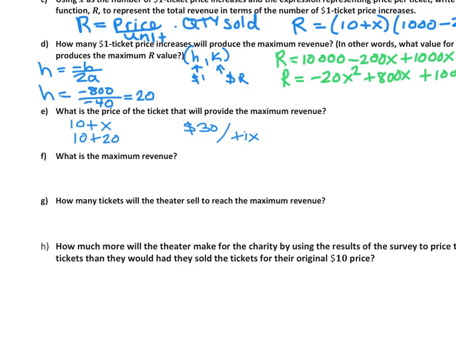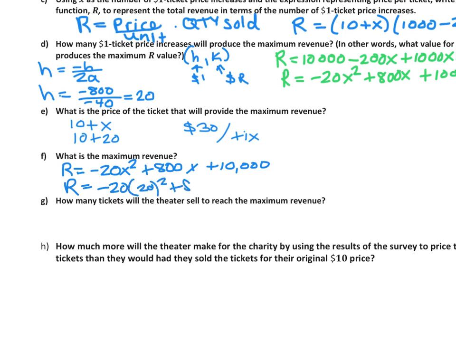So when we zoom in here, do recall that. Okay, so we've got our revenue equals negative 20x squared plus 800x plus 10,000. And now we're going to substitute in 20 for x. We've got negative 20 times 20 squared plus 800 times 20 plus 10,000.